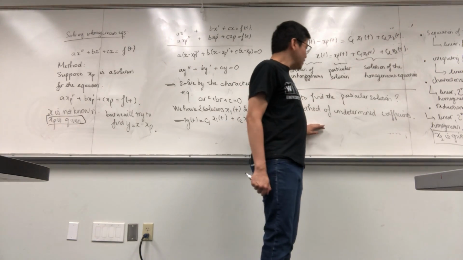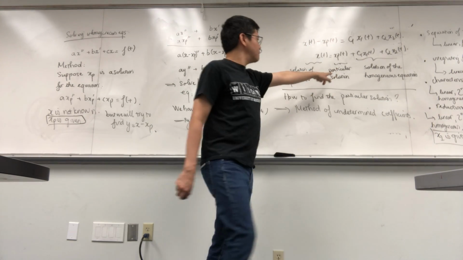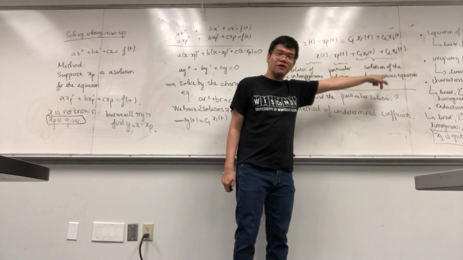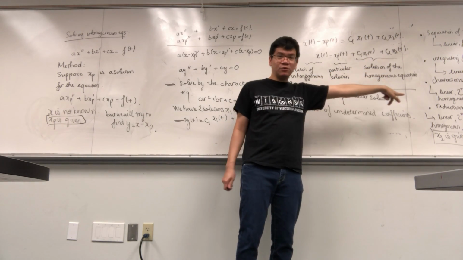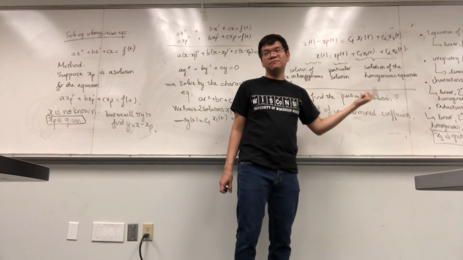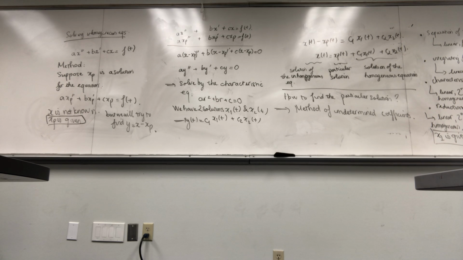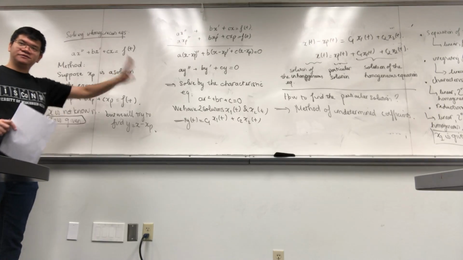Basically, to solve an inhomogeneous equation, you add a particular solution and a solution of the homogeneous equation. So the method of undetermined coefficients will be used to find a particular solution. It's clear, right? Any questions on this so far?